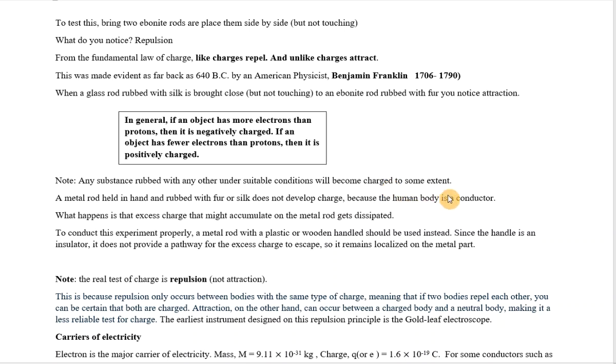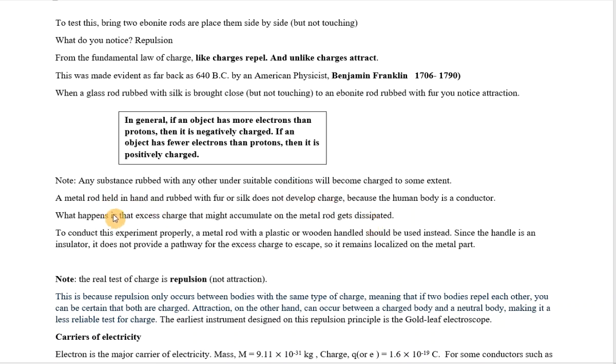Because the human body is a conductor. So when, for instance, you are marching on the floor barefooted and you hold a metal rod that has been rubbed with fur or silk, you notice that the charges will conduct away from your body. So no charge will be developed.